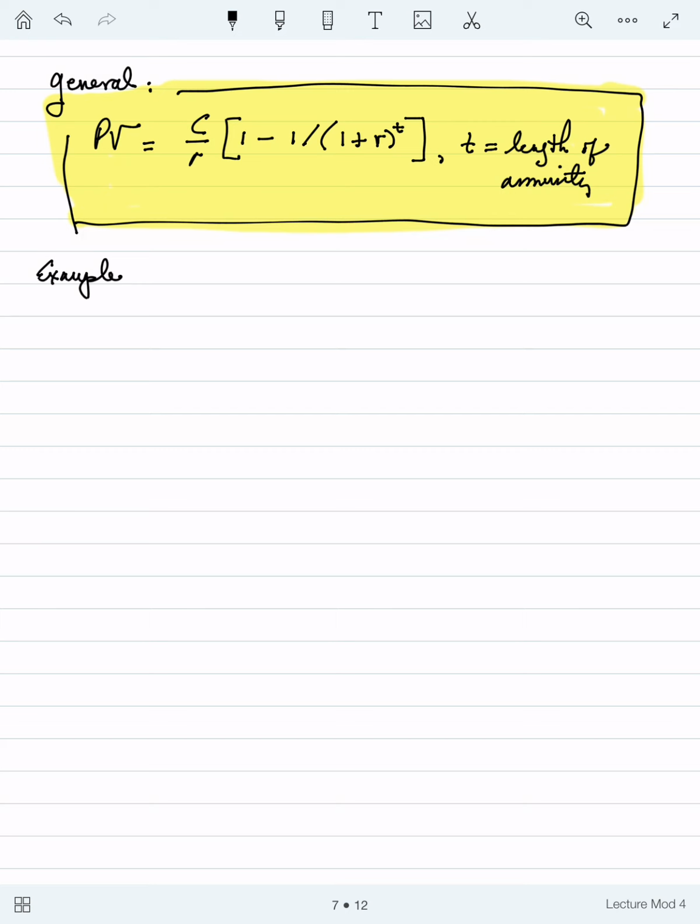Okay, so let's do this. We're going to take that. We want to know, what is the present value of an 8-year annuity?